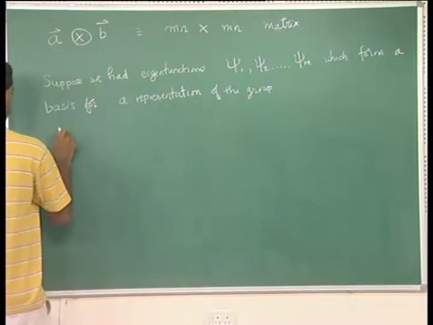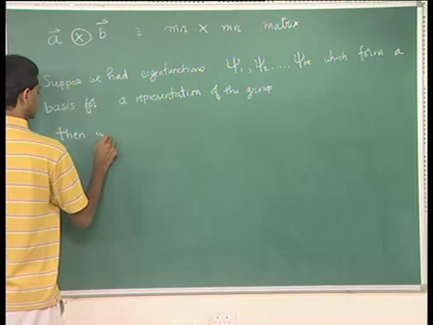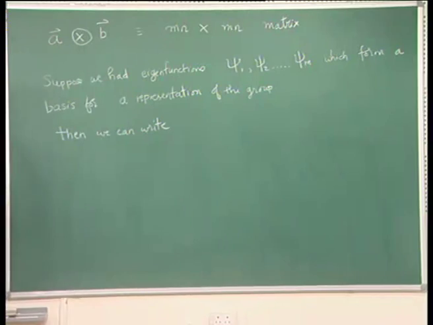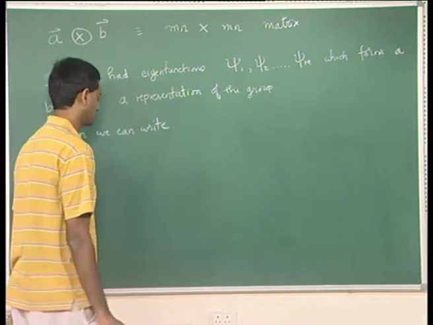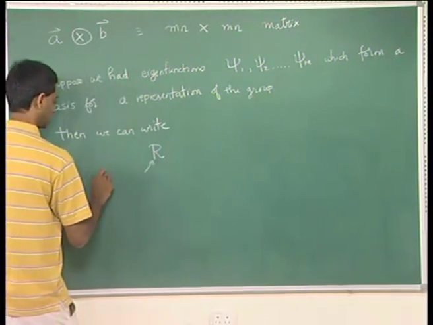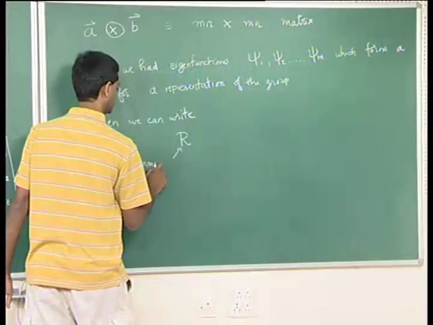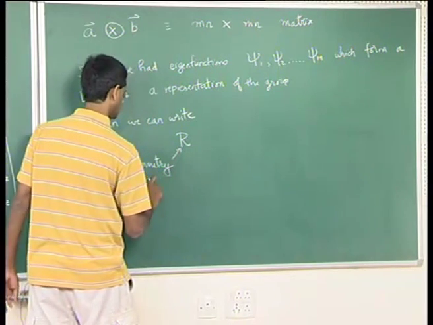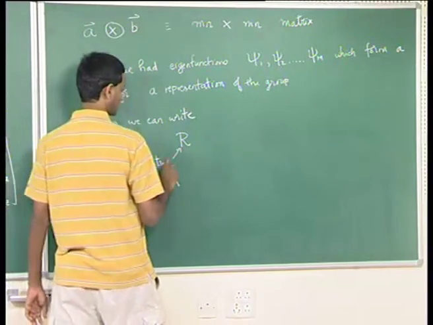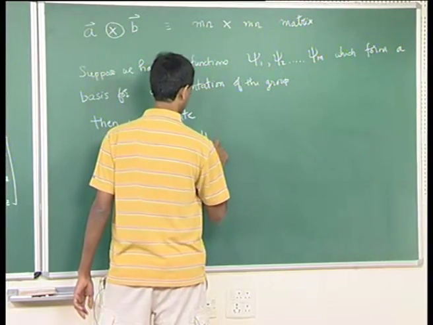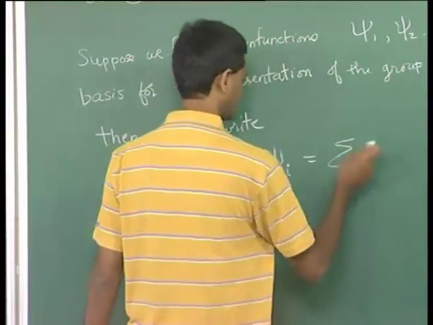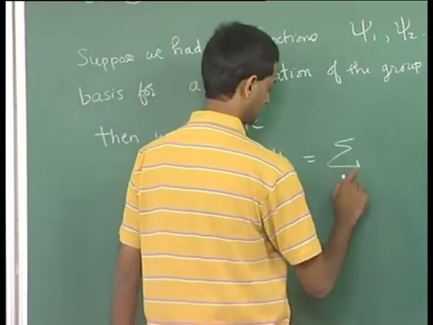Then we can write the following expression: suppose you operate R, the symmetry operation, on any of the psi, then you will get a linear combination of all the psi.